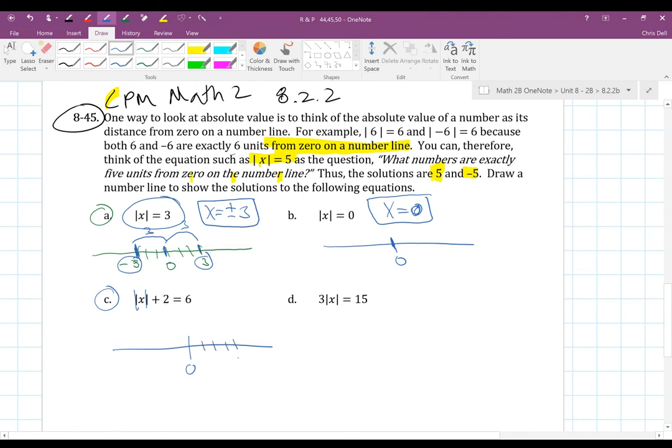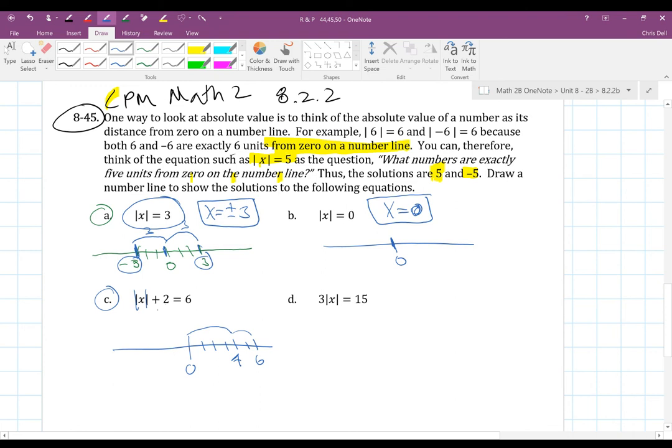If I take 4 and then add 2 to get 6, that's 4 plus 2 to make a full 6, right? Would that be the same for negative 4?